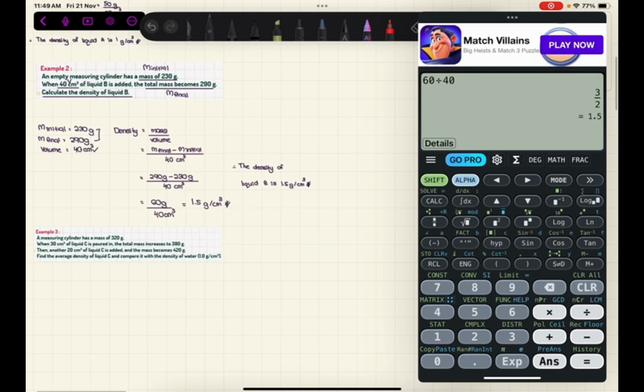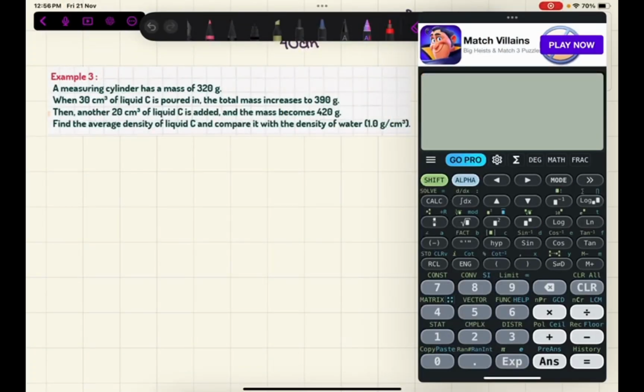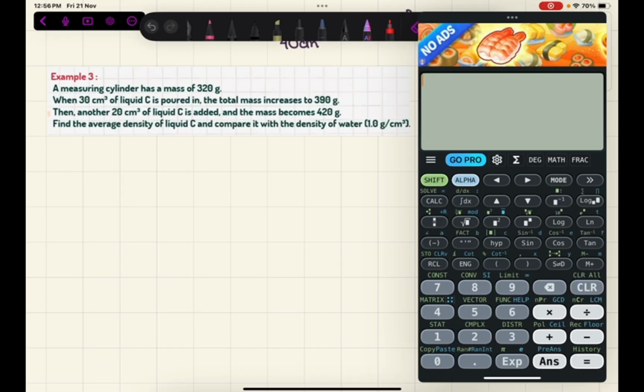Easy, right? Okay, next we would like to continue with the next question, which is example 3. This example is a little bit more challenging than example 1 and example 2, which are the two examples before and are straightforward questions only.